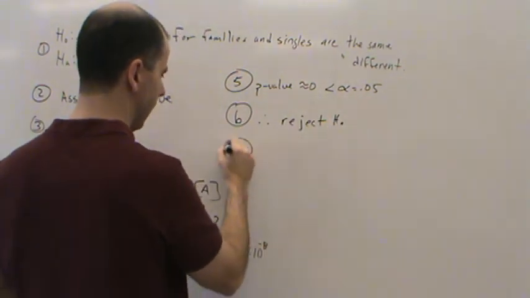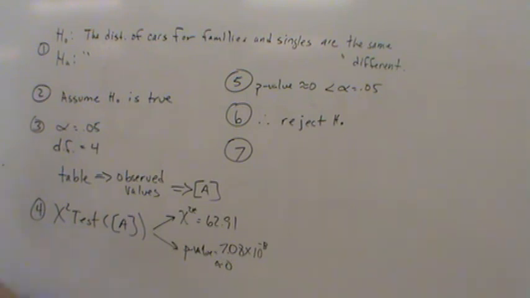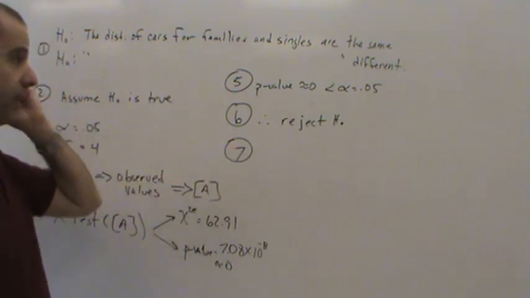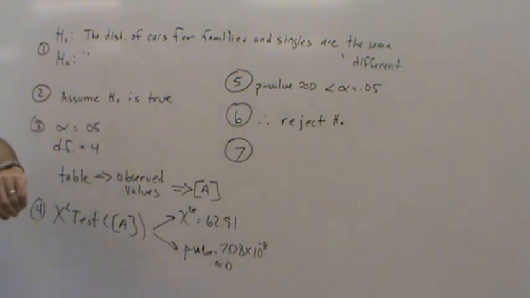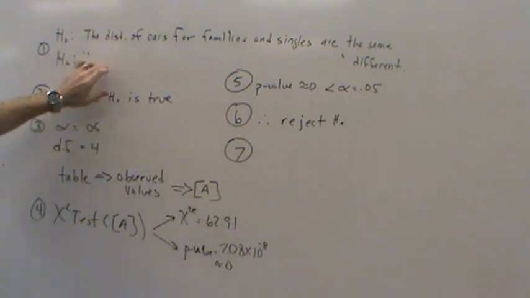And then 7, our conclusion is what? Based on an alpha level of 0.05 and the sample data, there is significant evidence to reject the null. Strong evidence to reject the null. So in other words, the distributions of cars are not the same between families and singles. And that should make sense.